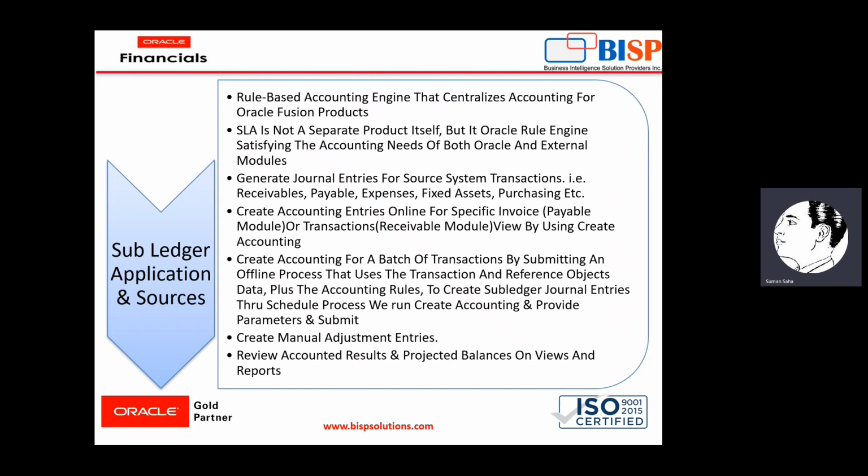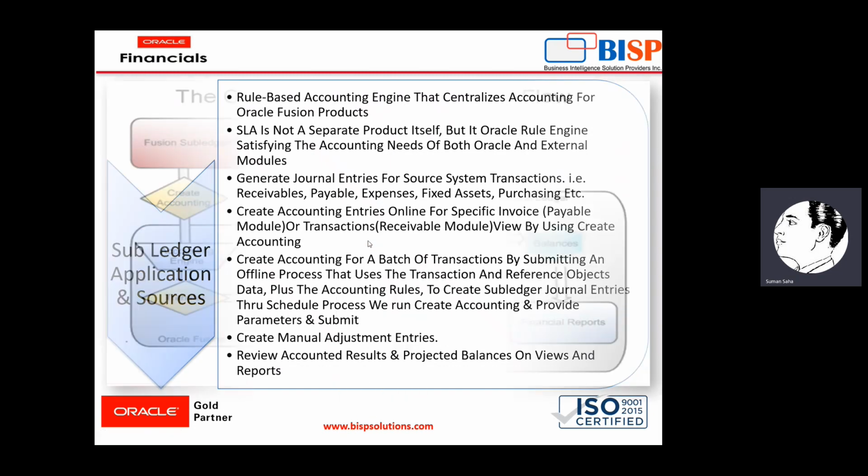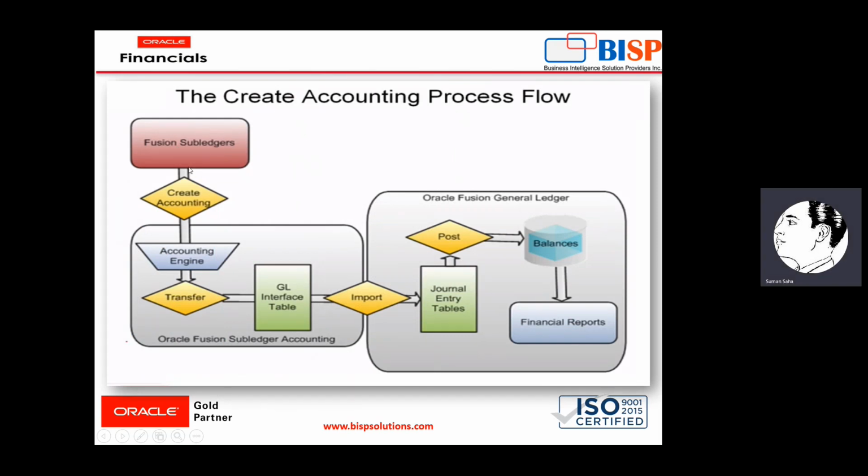Subledger accounting and sources. It's a rule-based engine that centralizes the accounting for Oracle Fusion products. SLA is not a separate product itself, but it's an Oracle rule-based engine that satisfies the accounting needs for both Oracle and external modules. Oracle modules, as I gave the example in the previous slide, are the different modules, that is AR, AP.